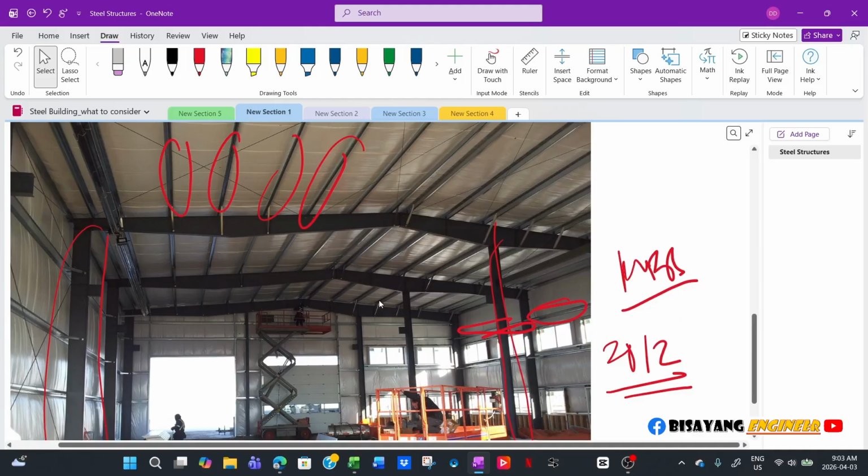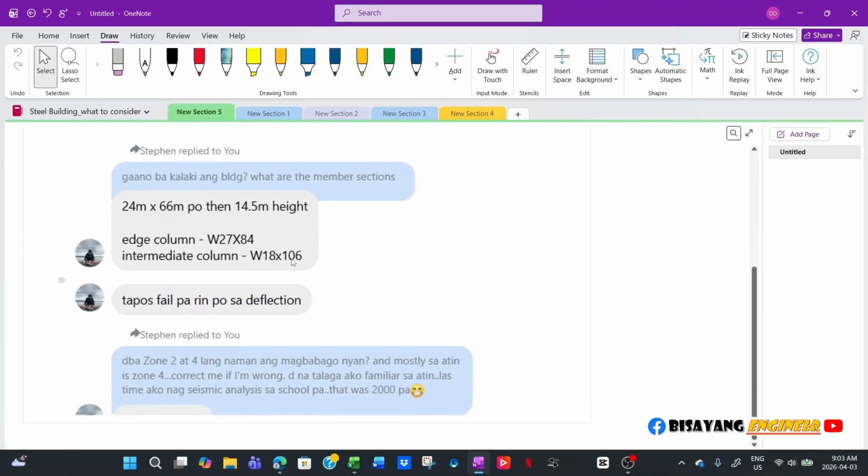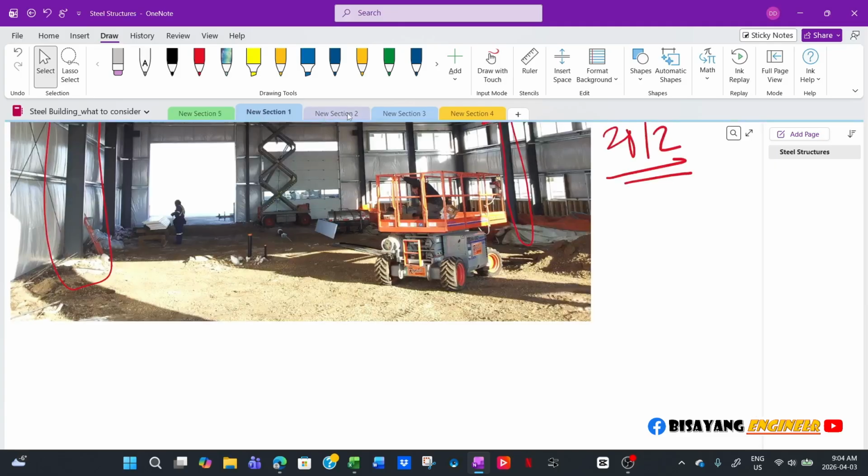It's really heavy. So looking at the section that he was worried about, like W18 by 27, that's nothing considering that the height of the building is 14.5 meters. So what's 14.5 in feet? That's like 47 and a half. That's really high for a single-story steel frame. So imagine what the section would be.